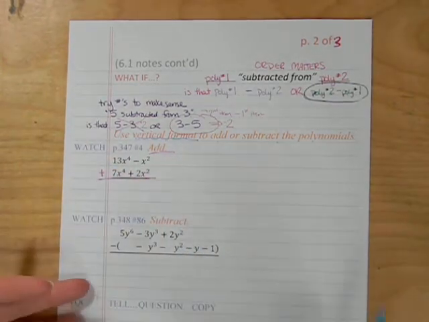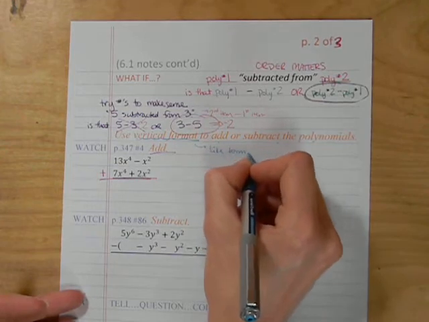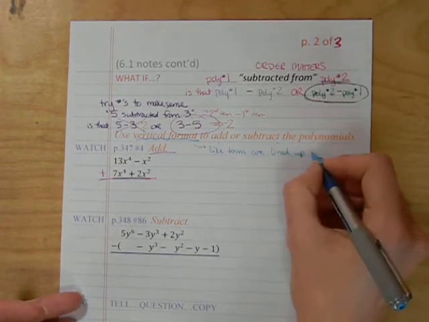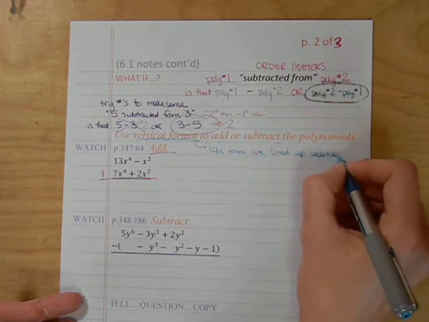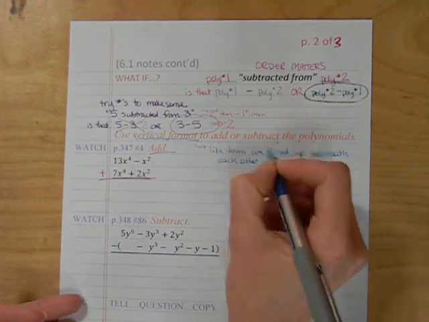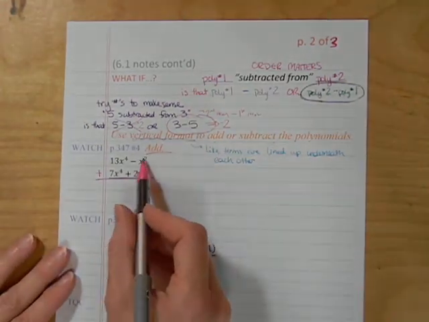Okay, so on the vertical format, the like terms are lined up underneath each other. And from there, we just add them up.